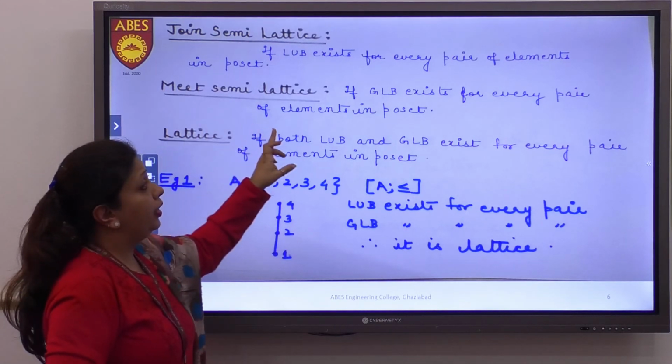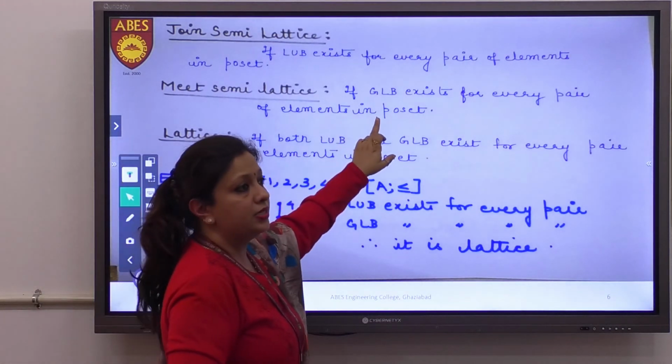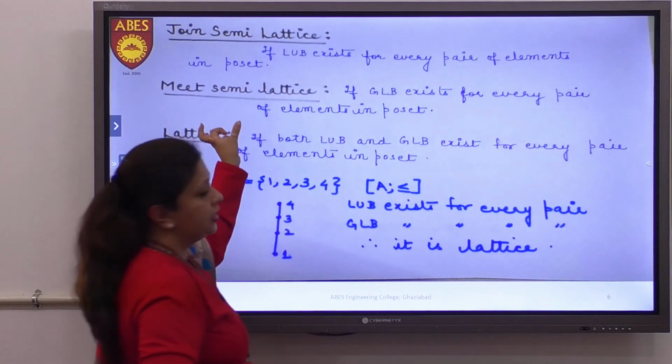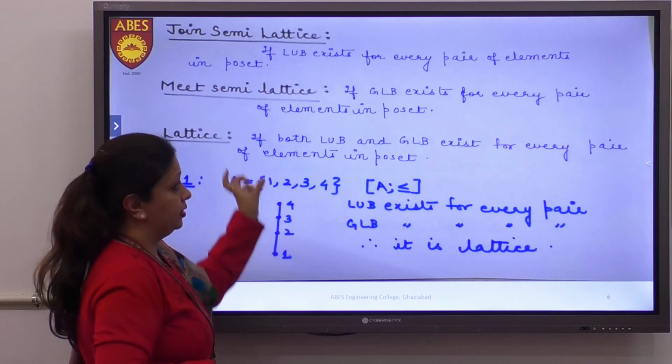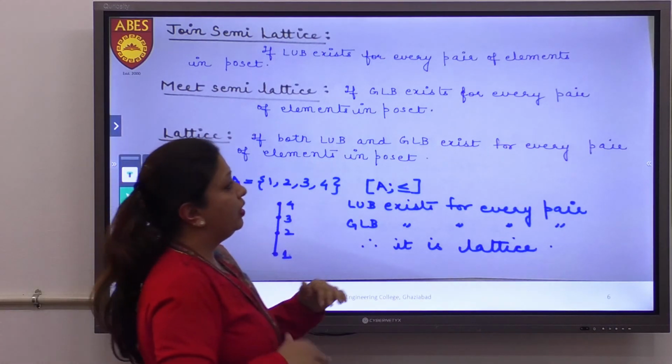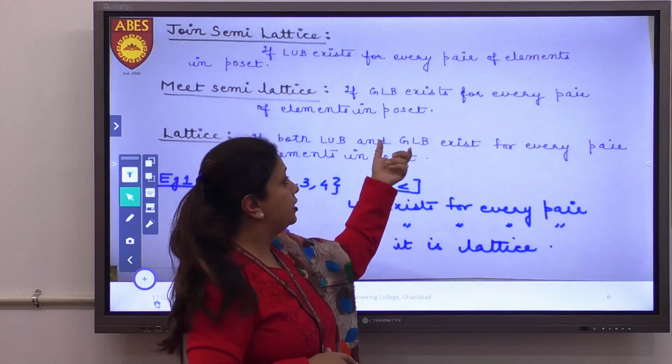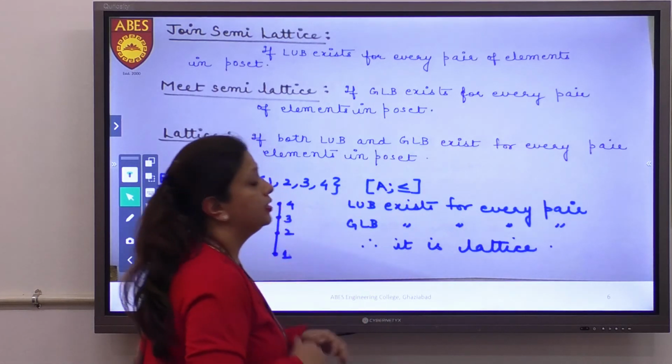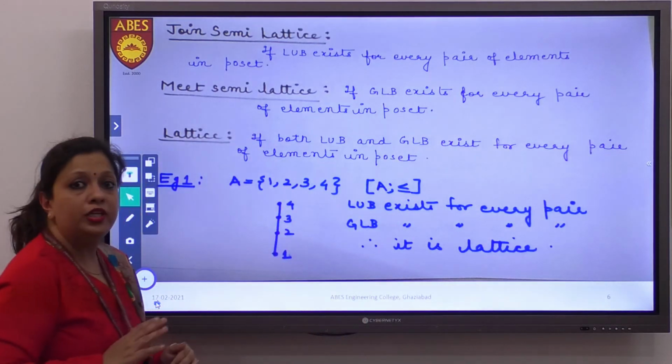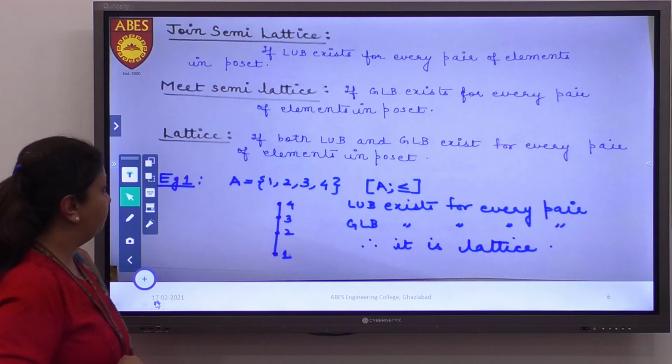If for every pair of elements there exists a GLB, we can say that it is a meet semilattice. And if for every pair there exists a LUB as well as GLB, we can say that it is a complete lattice. So for this we will take some examples.